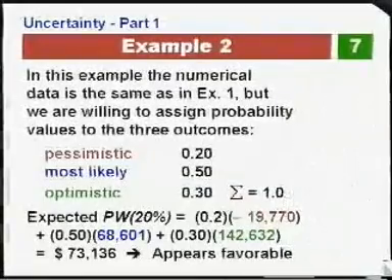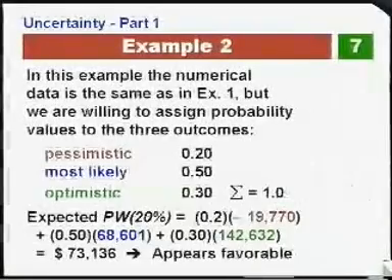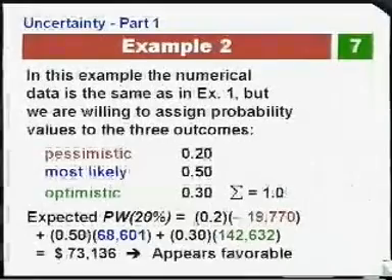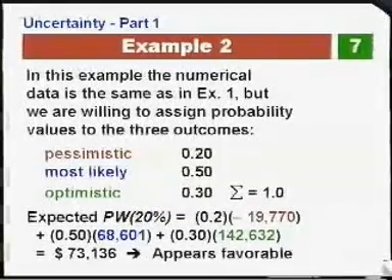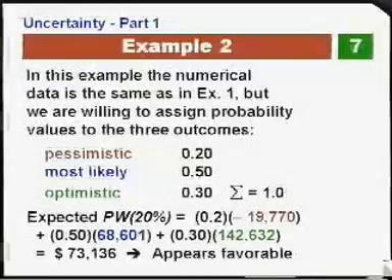We take the 20% chance, apply it to the negative 19,770 present worth for the pessimistic scenario. 50% is applied to the most likely present worth of 68,601, and 30% to the optimistic present worth. And then that gives us an expected present worth of 73,136. Based on that, it would appear to be a favorable project.